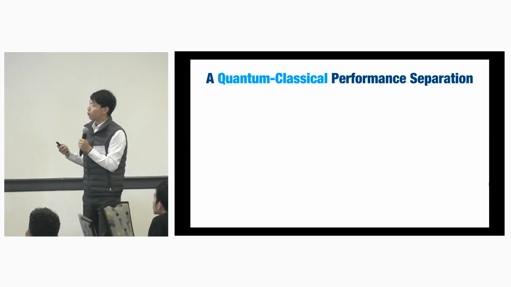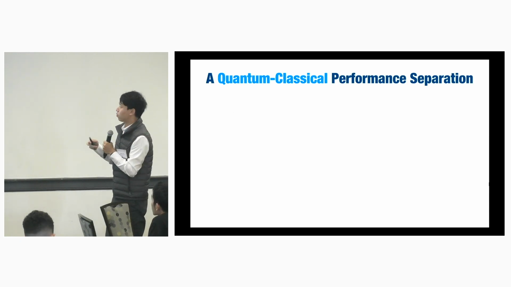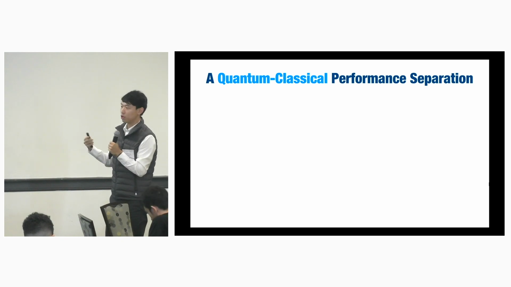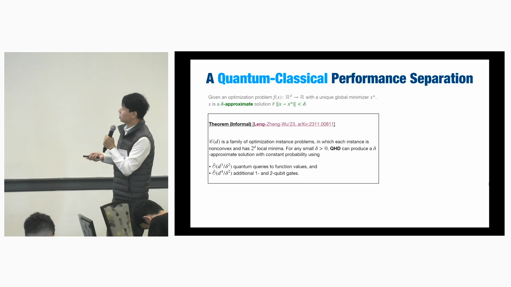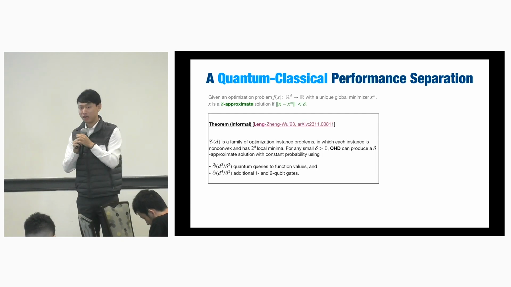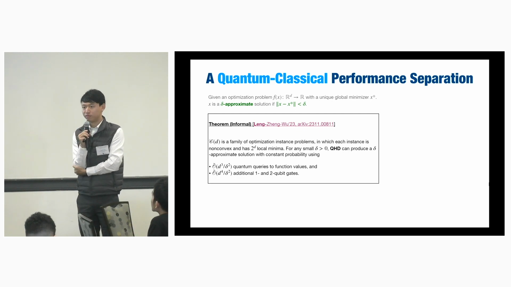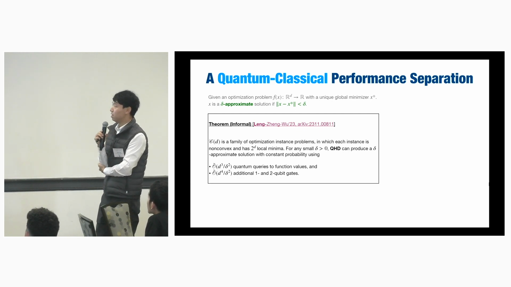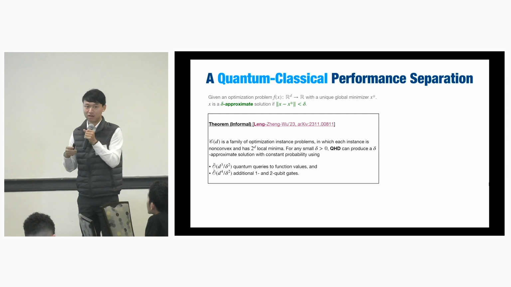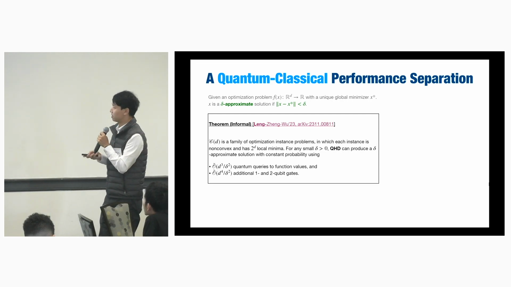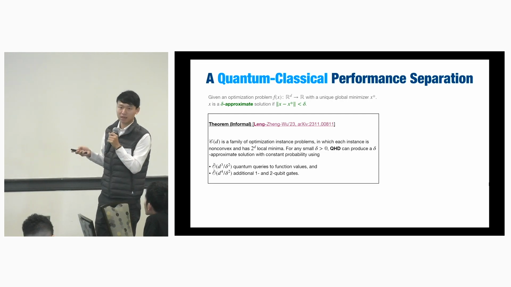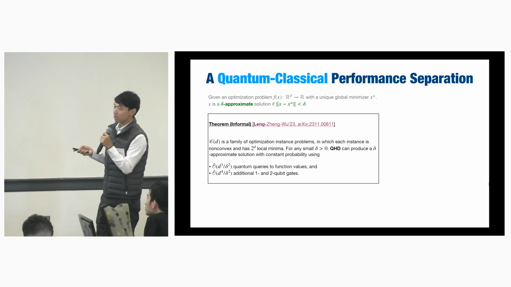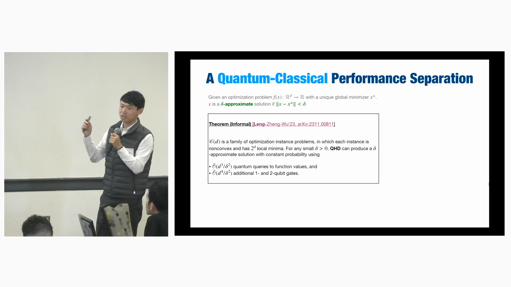Okay, and we are also able to prove a quantum-classical performance separation using this mechanism. The idea is that we are able to construct a family of optimization instances. Those instances are very hard problems for classical algorithms because they have an exponential number of local minima. For example, this family is indexed by the parameter d, which is the dimension.